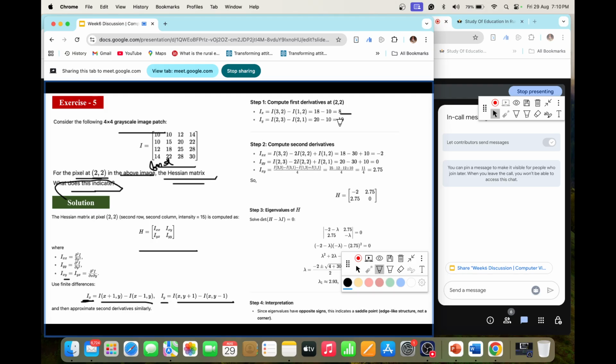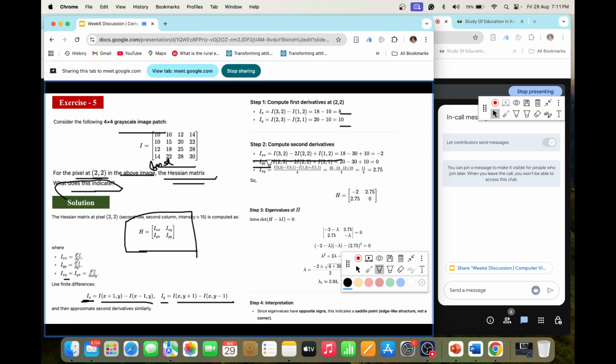So we got the Ix and Iy values. Now, in the Hessian matrix we have to get Ixx, Ixy, Iyx, and Iyy. For this you have to apply this formula. Ixx is Ix of x plus 1, y minus 2 Ix of x, y plus Ix of x minus 1, y. Similarly, Iyy is Iy of x, y plus 1 minus 2 Iy of x, y plus Iy of x, y minus 1.